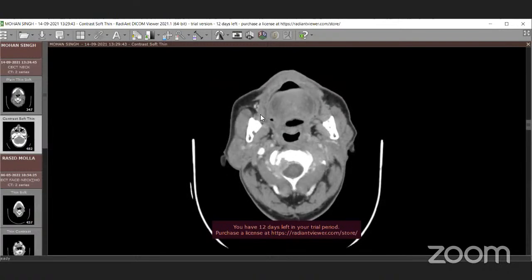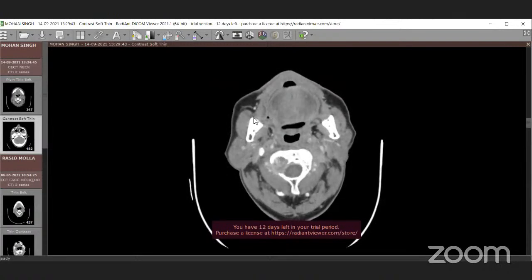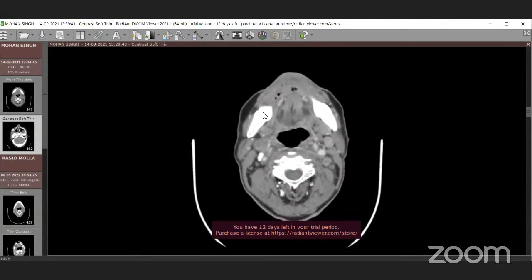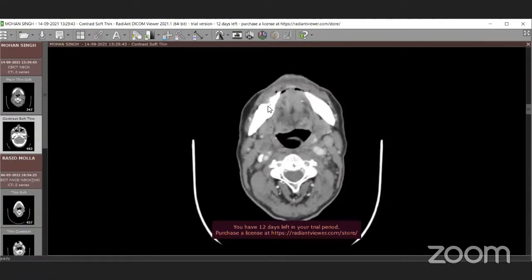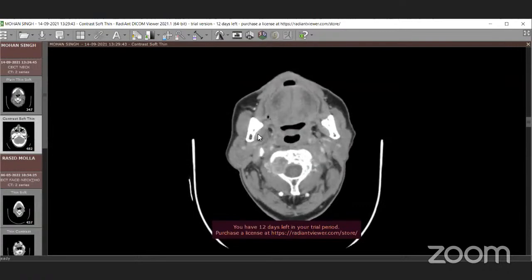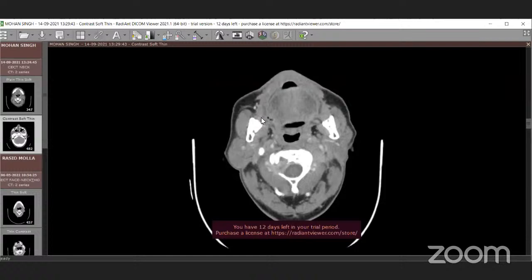We trace from the retromolar trigone. This is the area where the body of the mandible forms the ramus, and this fat plane here is the retromolar trigone.